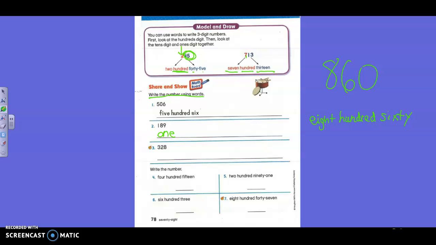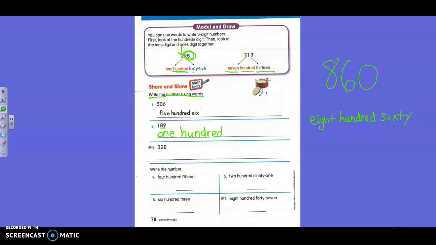On your paper. It has it up here. 100. No and. We do not write the word and. Okay? 100. Now, what is the tens and the ones together? What is that number?